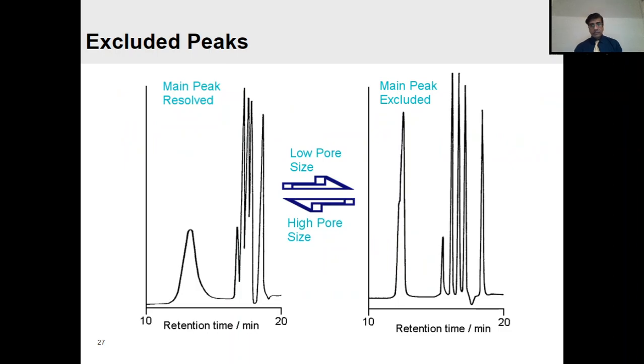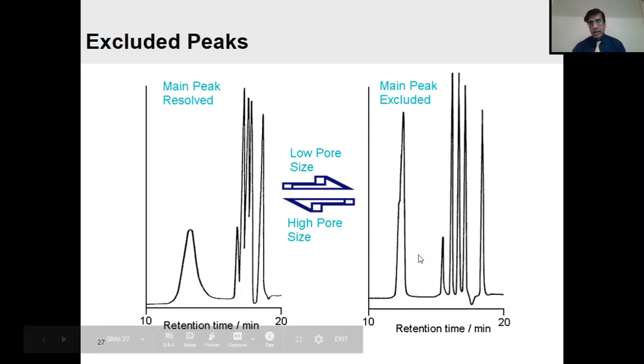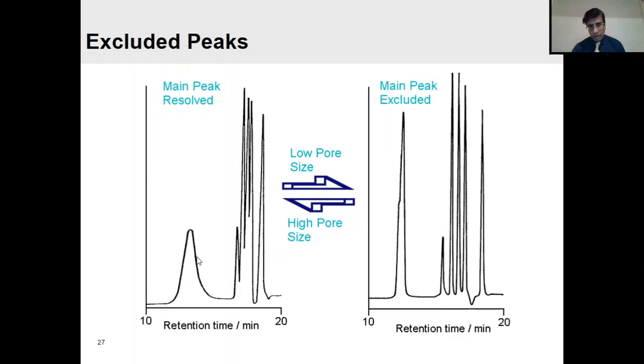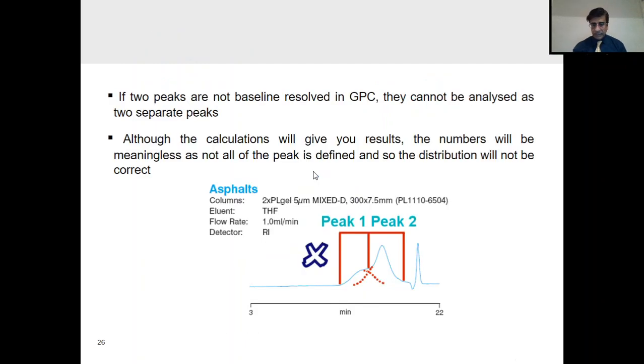Okay, now the last slide: if you see here, there are two different comparisons given to you. On the left you see the peaks are much broader as compared to the peaks on the right. Why so? This depends upon the pore size of the material used in the column.